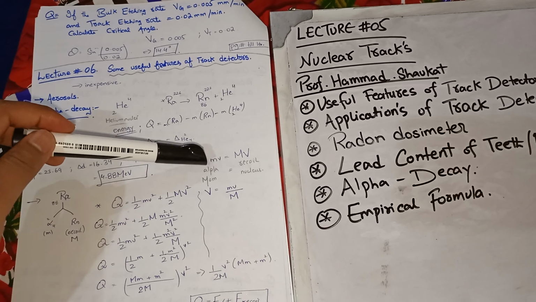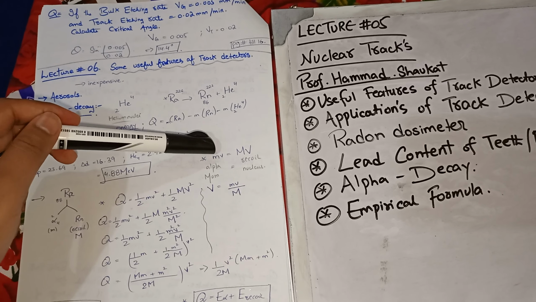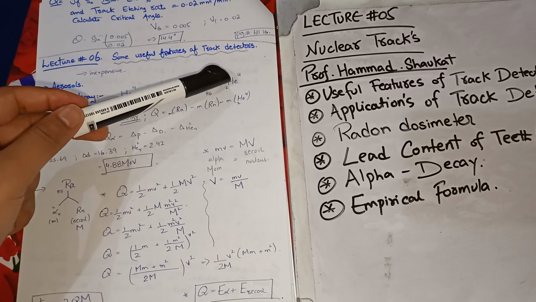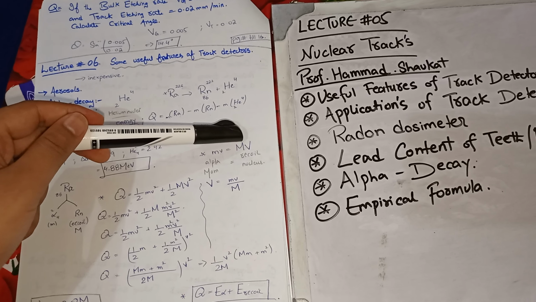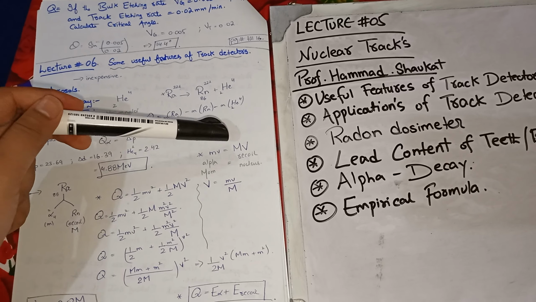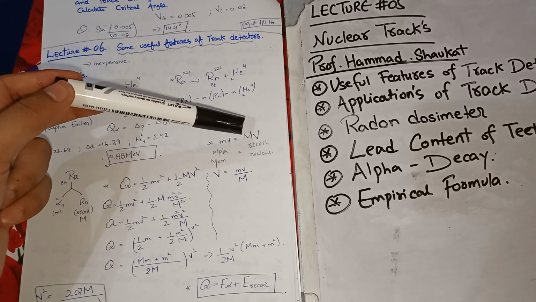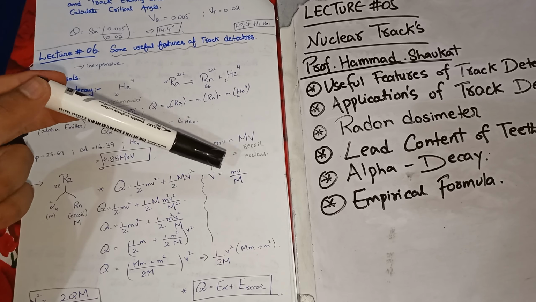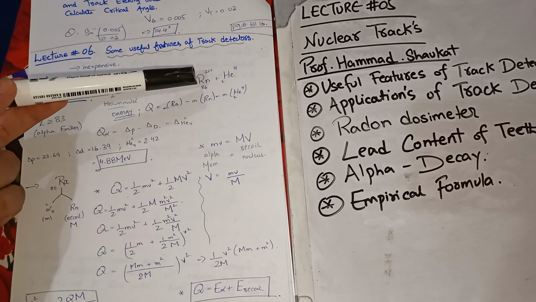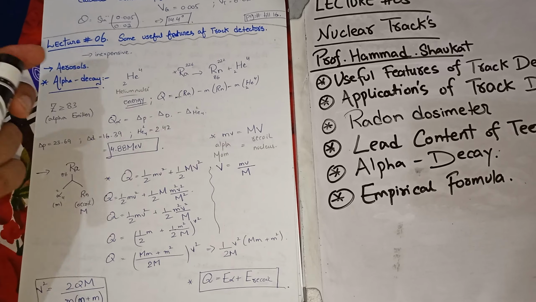The momentum of the alpha particle is small mv, and the momentum of the recoil nucleus is capital MV. If you want to find the velocity capital V of the recoil nucleus, it equals small mv divided by capital M.